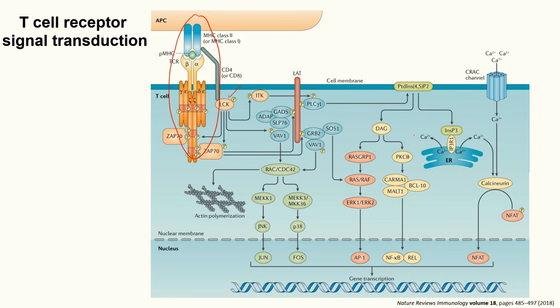And then ultimately what we are getting is transcription factors such as JUN, FOS, AP1, NF-kappa B, REL, and NFAT, which is nuclear factor of activated T cell, going to the nucleus. Here we have the nucleus, and once they come into the nucleus, they can bind to their cognate areas in the gene which are supposed to do a transcription, and then we can see the production of messenger RNA in a large quantity.